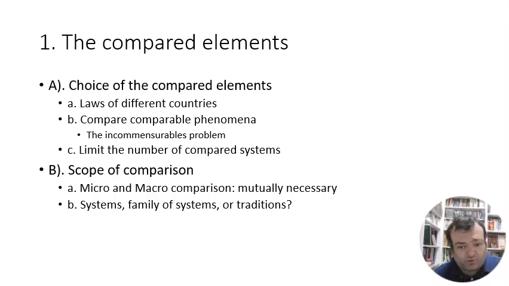As we will see, what also will help us in selecting these countries is the tertium comparationis. Why are we comparing, in other words? Or what are we comparing within these two systems?